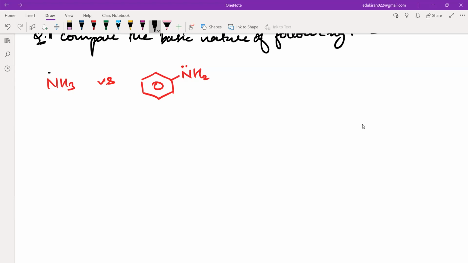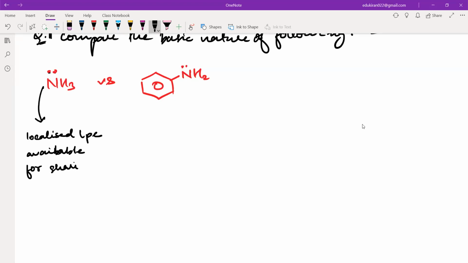So I will say that in NH3 there is a localized lone pair of electrons, and hence it is available for sharing.